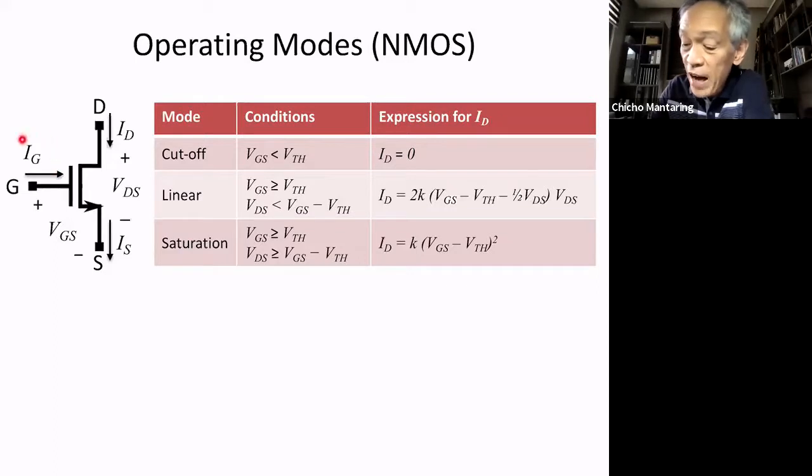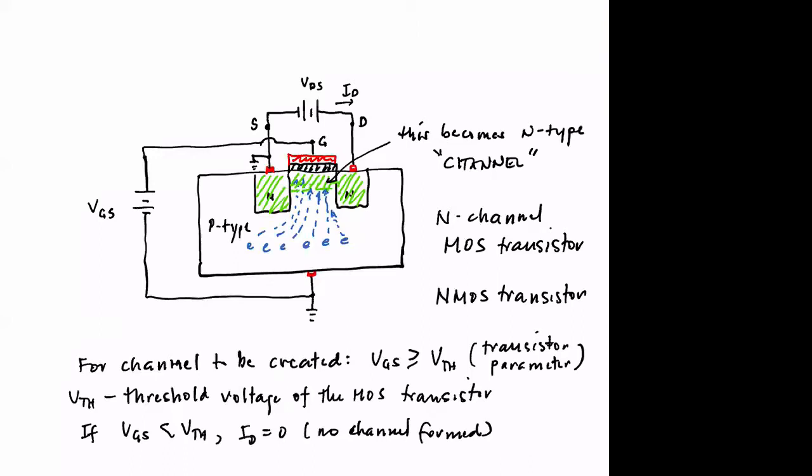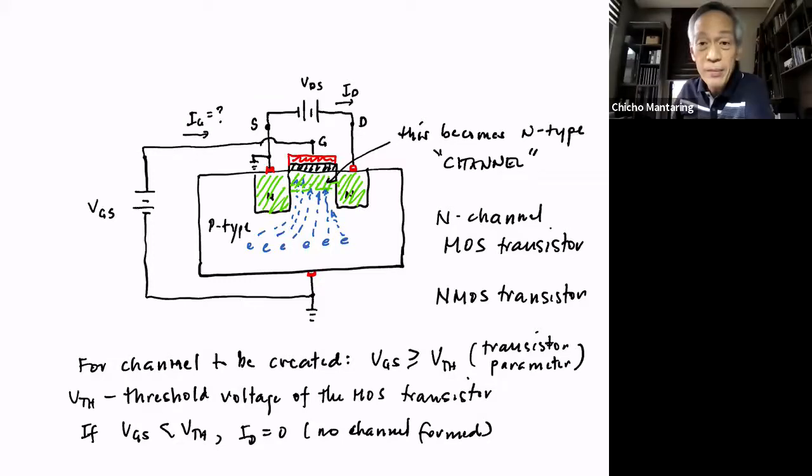What is the value of I sub G? If you take a look at this thing that I drew earlier, what is the value of I sub G? Anyone?